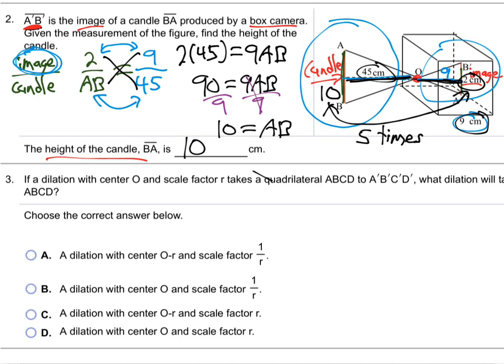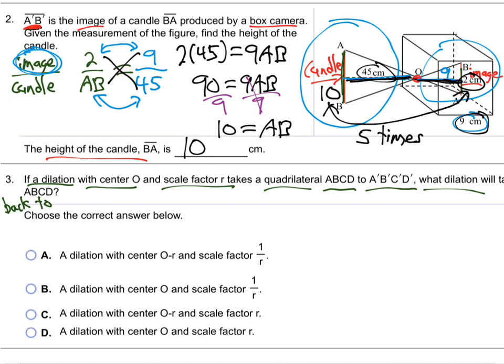Let's try part C. If a dilation, just another word for size transformation, with center O and scale factor R takes a quadrilateral ABCD to A prime, B prime, C prime, D prime, what dilation will take it back to that?